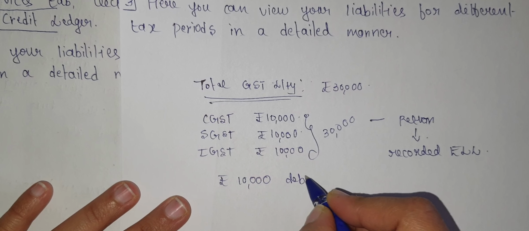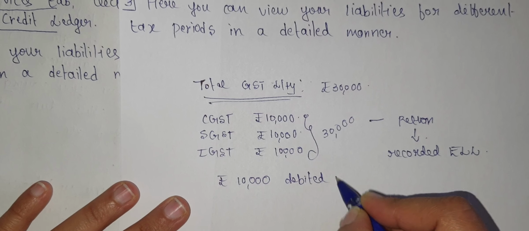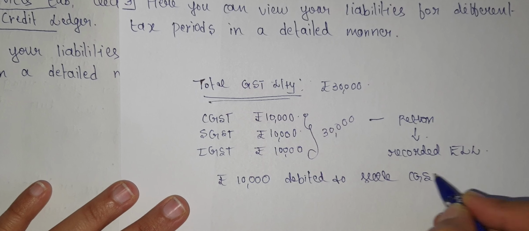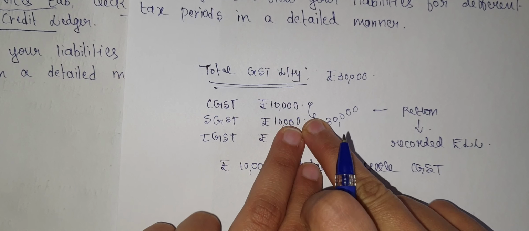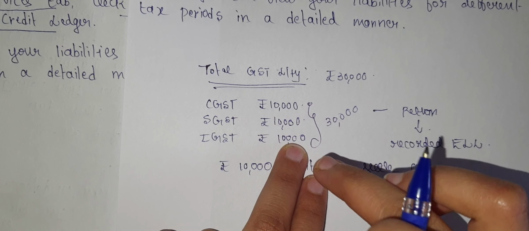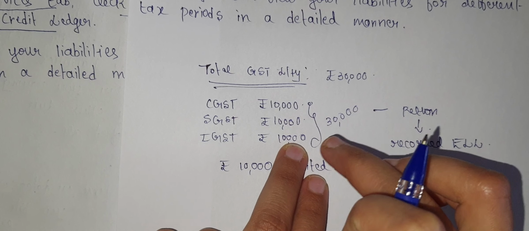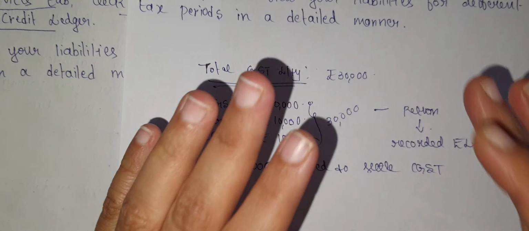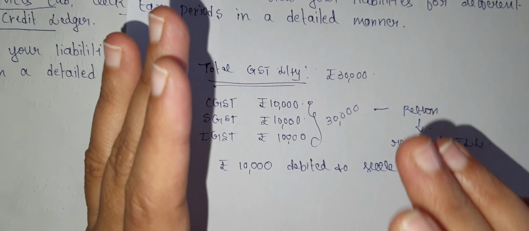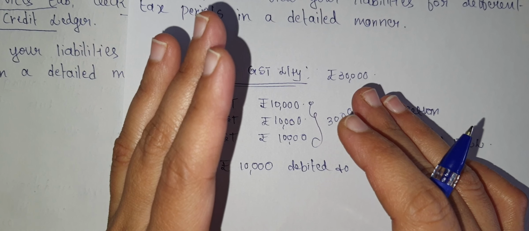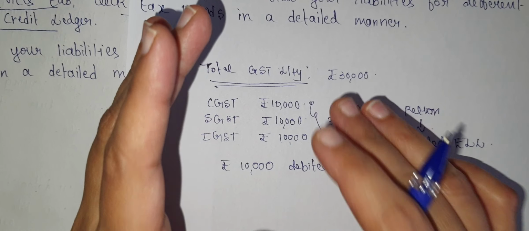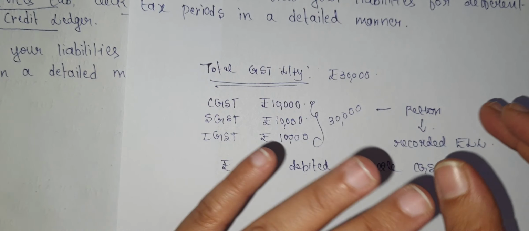is debited to settle CGST. Like that, rupees 10,000 is debited to settle SGST, and rupees 10,000 is debited to settle IGST.